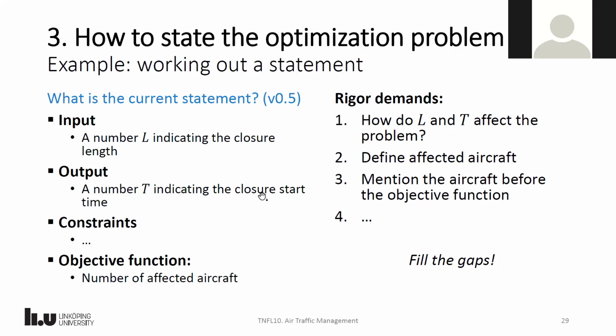So T is indicating the closure start time, and this is the thing that we will have. The equivalent in the mathematical form would be our variable, where the variable will be T, and L would be our parameter. The constraints so far are not known, because there are some things that we have to consider yet, and the objective function is the number of affected aircraft.